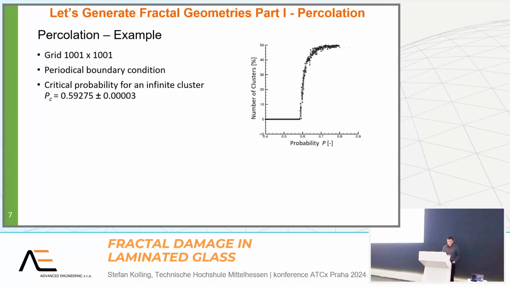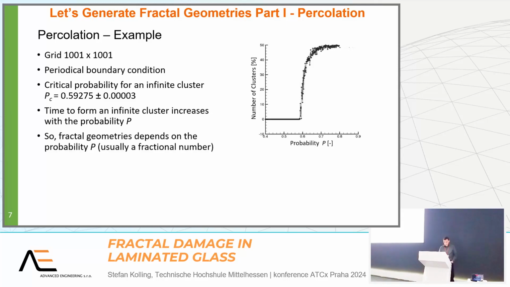This is the critical probability, pc. The time to form an infinite cluster increases with the probability p. So fractal geometries depend on the probability p, usually with a fractal number.